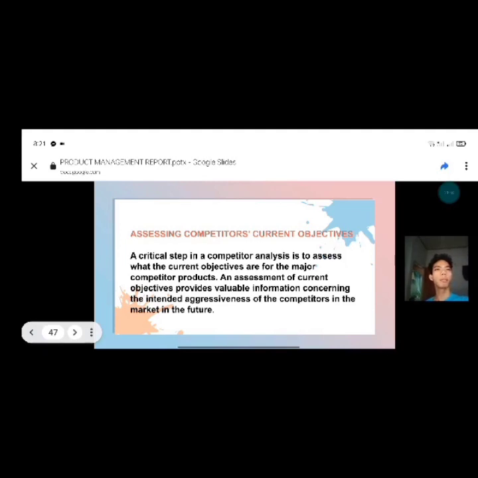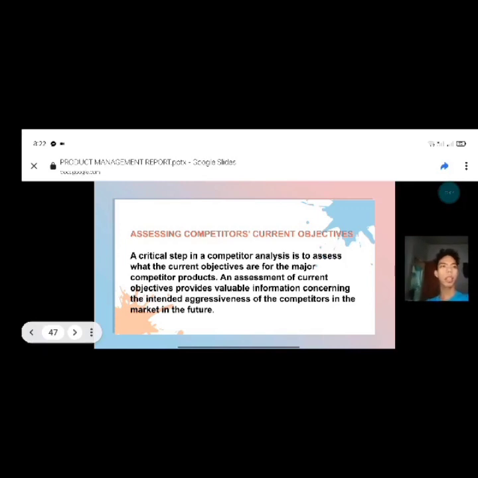So sabi dito, hindi mo daw pwedeng makipagkompetensya sa mga kalaban mo without knowing the objectives of the major competitor's product. So, pwede dito pumasok yung SWOT analysis.